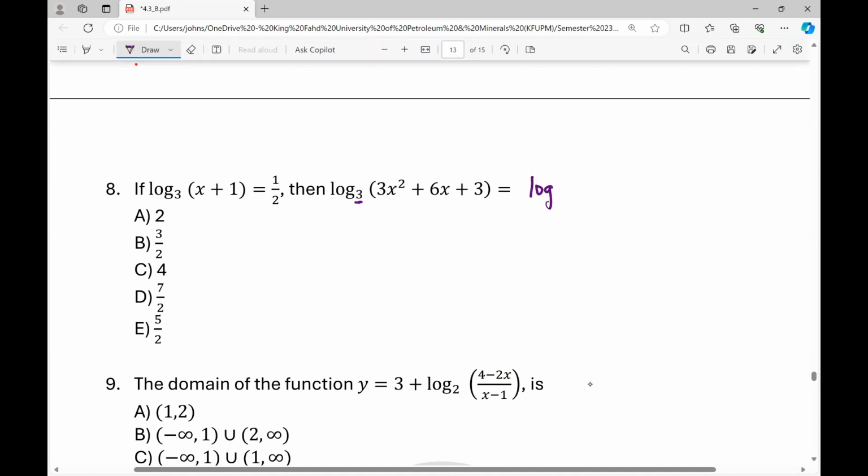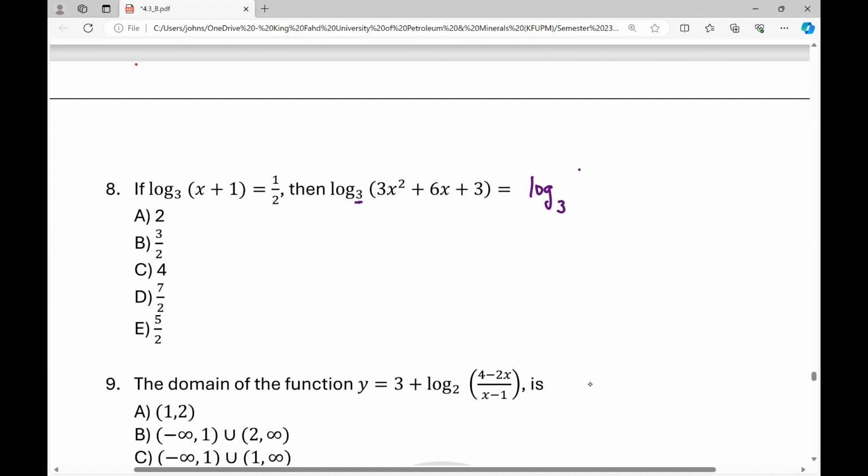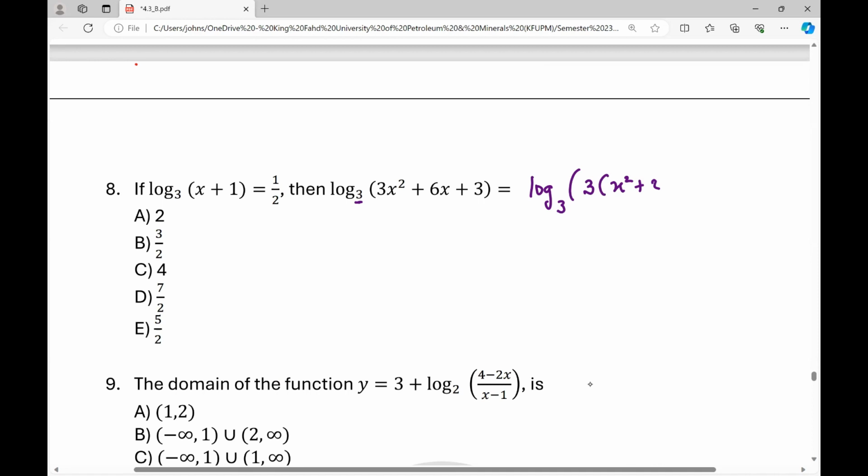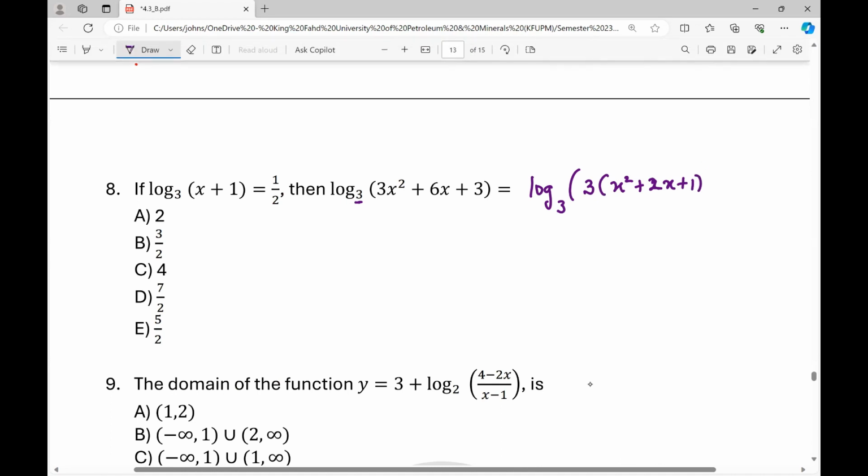I can write this as log to base 3 of here. We can factor out 3. So you have 3, and then you will have x squared plus 2x, then plus 1. So we just factor 3.